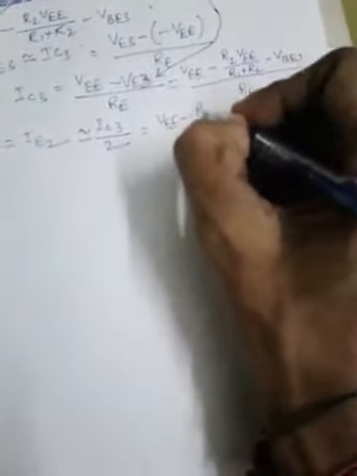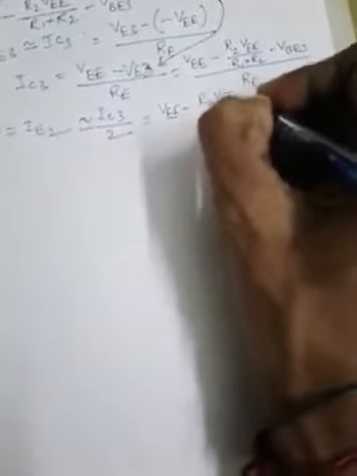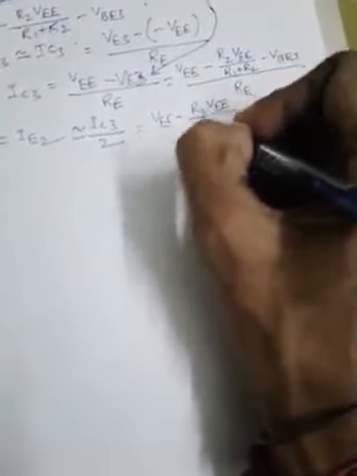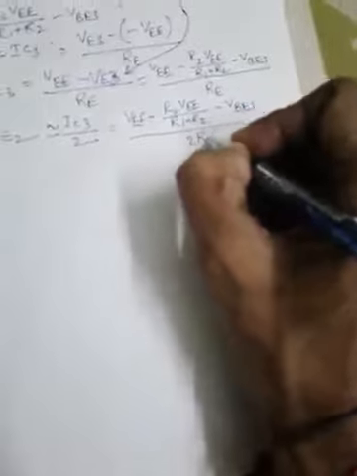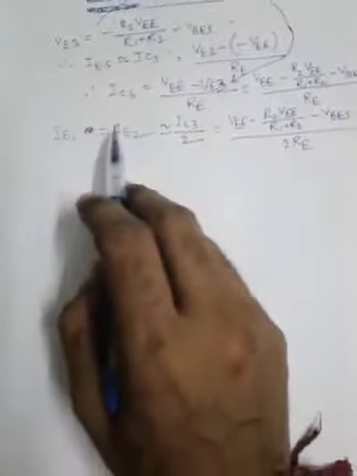So the expression should be VEE minus R2 VEE divided by R1 plus R2 minus VBE3 divided by 2 RE. So this is the expression for IE1 and IE2.